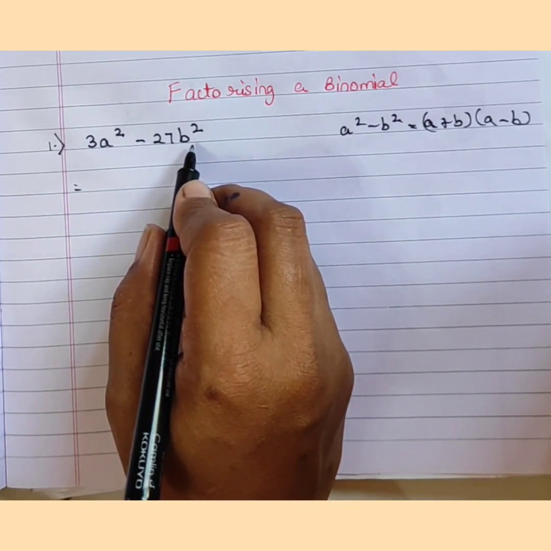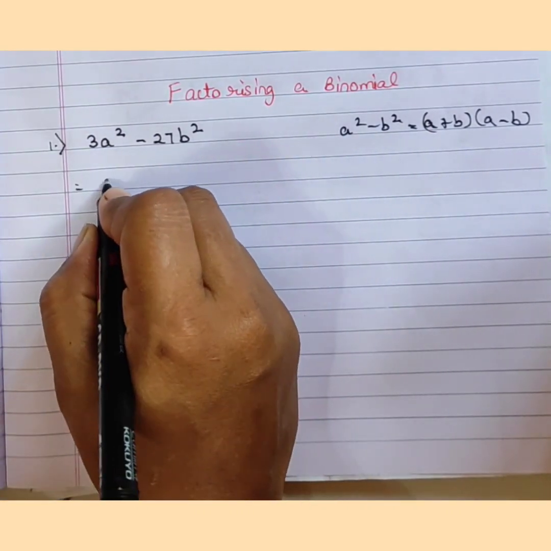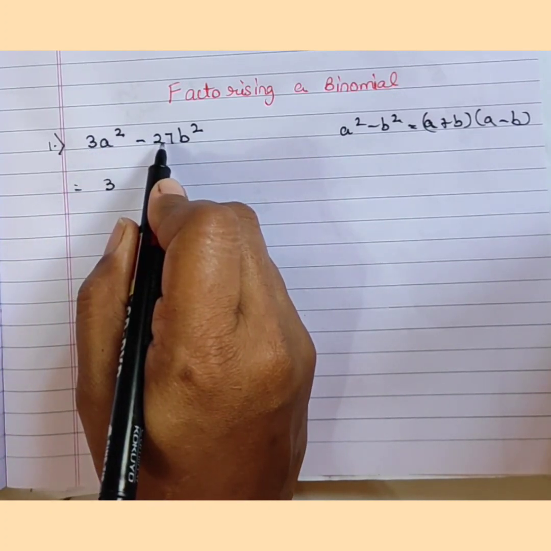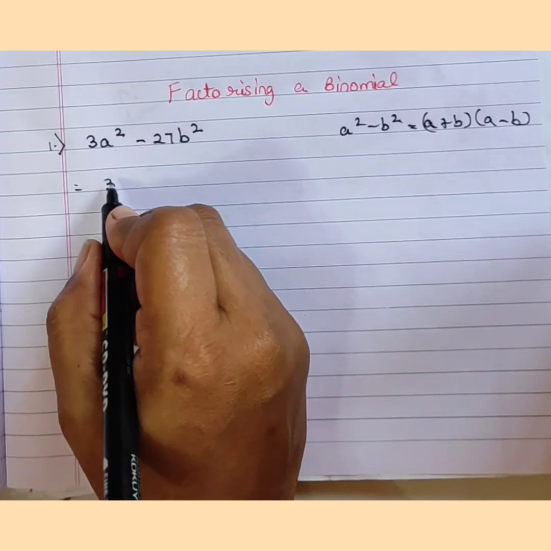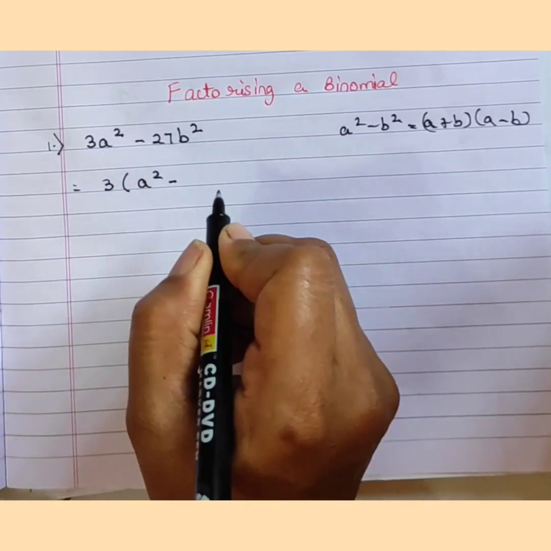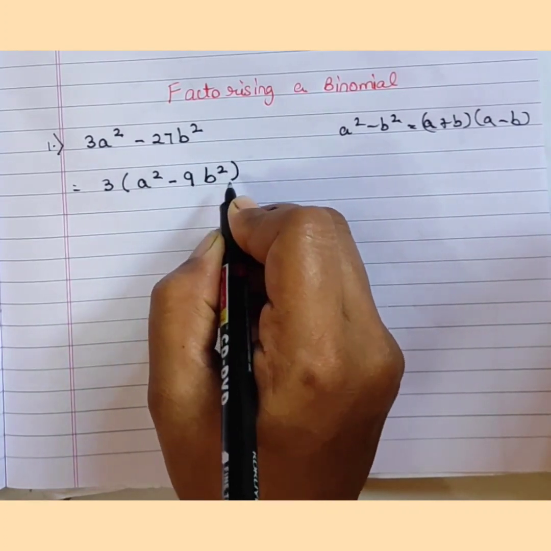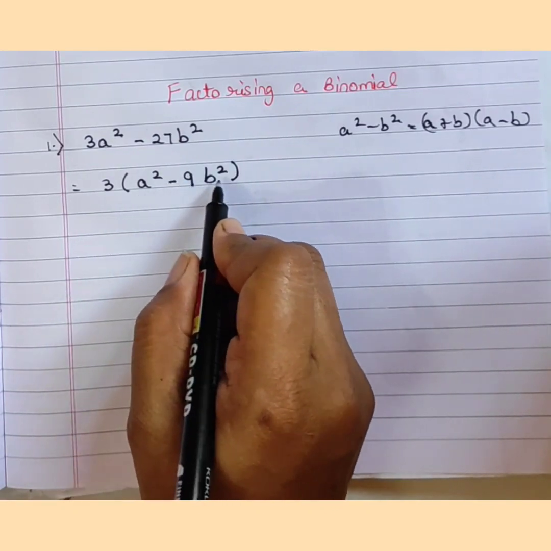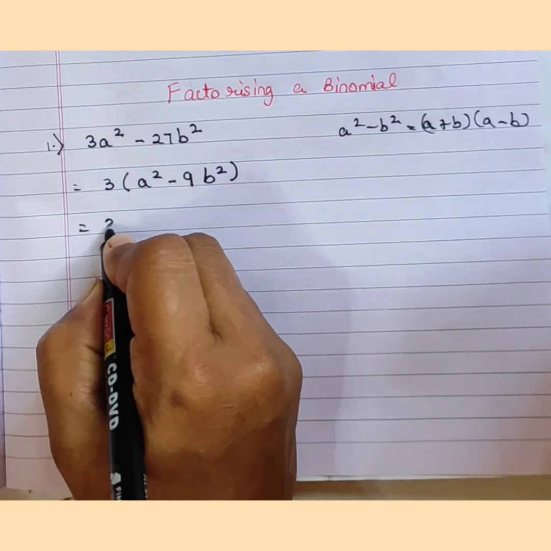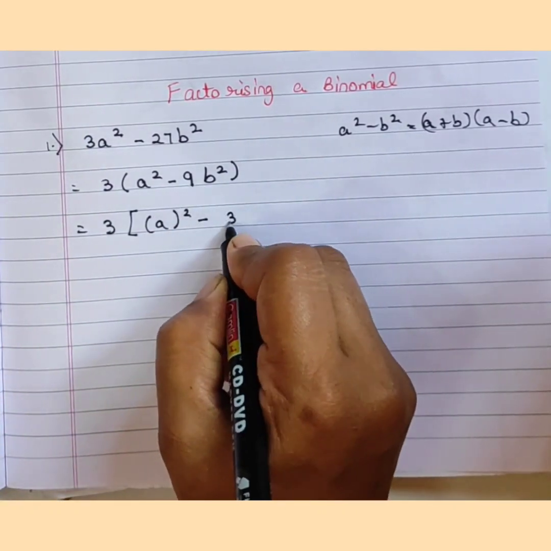So if we substitute this according to this formula, we can first remove the common coefficient, that is 3, a square minus 9b square, since 3 nines are 27.